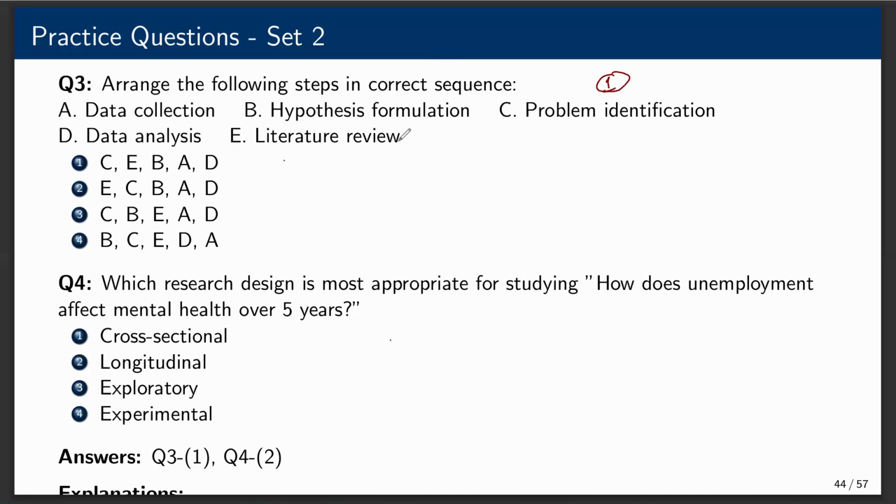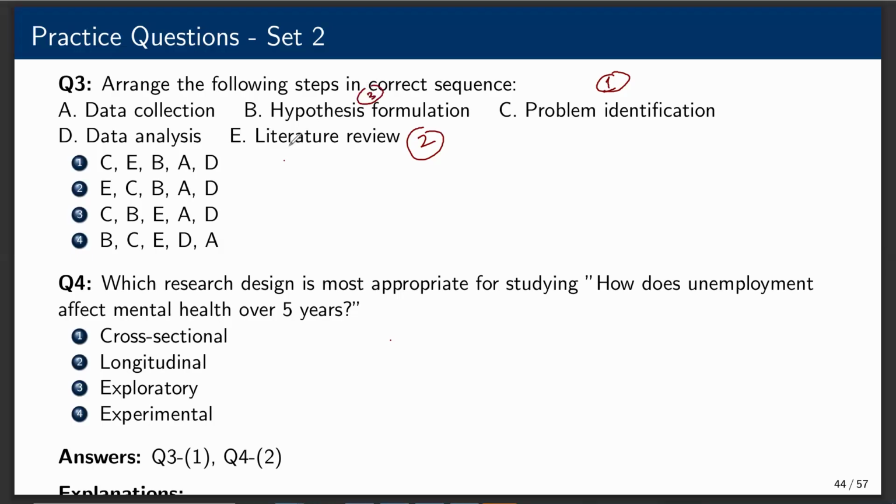Literature review. Next step. Then what is the next? After literature review, formulation of hypothesis. Excellent, Ajay.